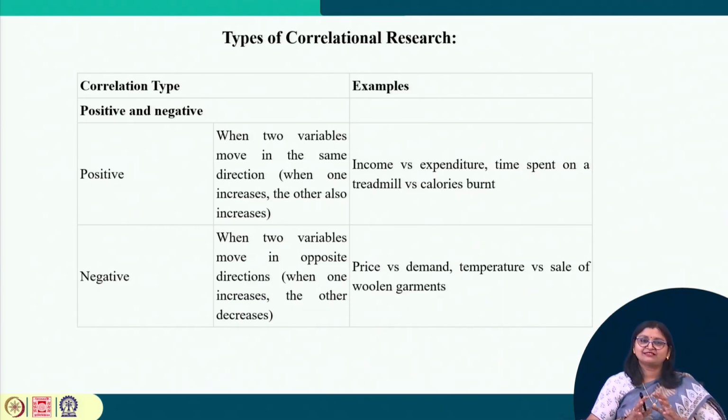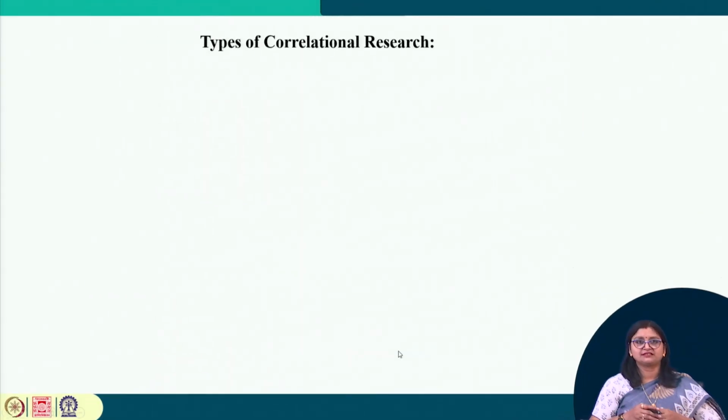So, this is the case of positive correlation. The negative correlation is when two variables move in opposite directions; when one increases, the other decreases, like price versus demand. If something is costlier, demand will decrease. Or temperature versus sale of woolen garments. If temperature increases, woolen garment sale decreases.